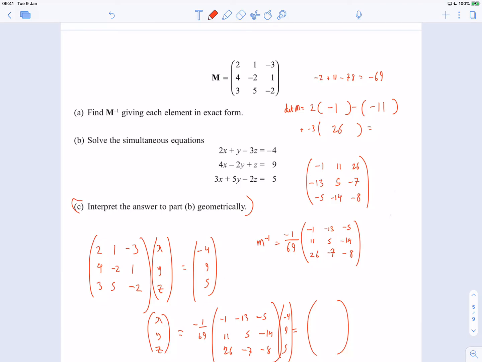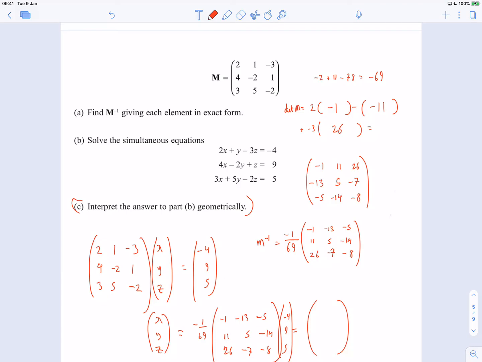And in there, we're going to have 1 over 69. And the next element is going to be 13 over 69. And the next element is going to be 5 over 69. The next element is going to be minus 11 over 69. And then putting the minus in, that's minus 5 over 69. And the next element is positive 14 over 69.